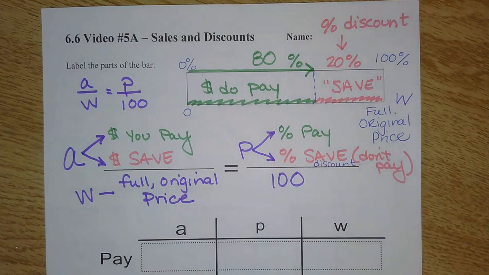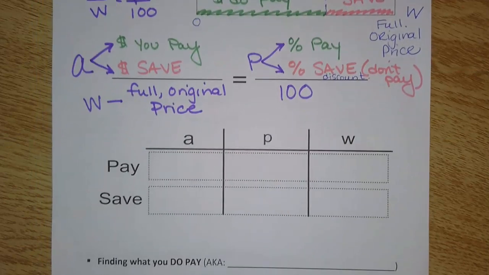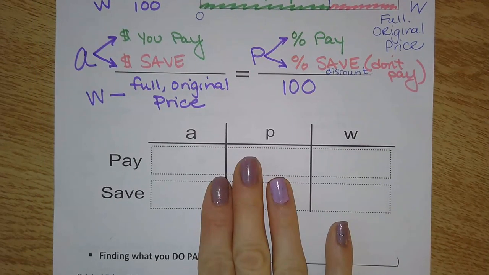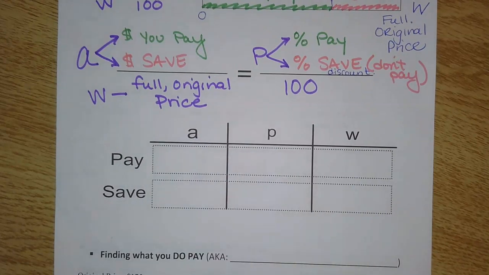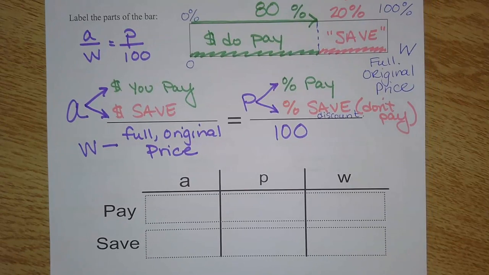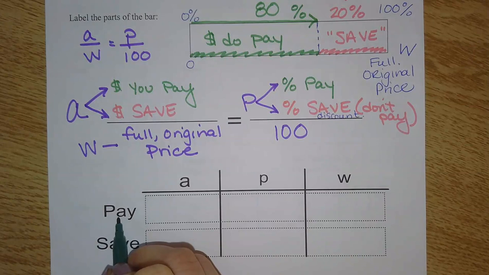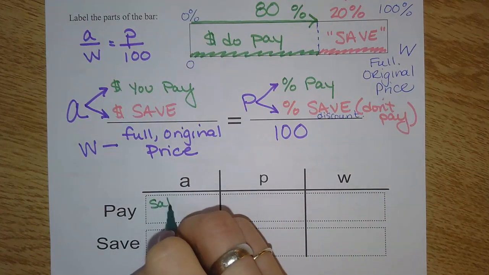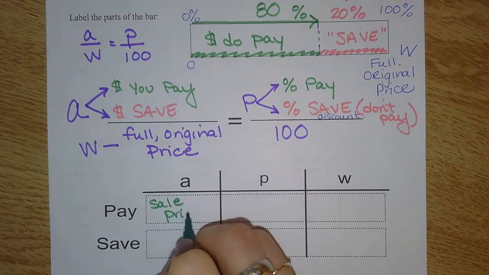Okay, so let's write a little bit more. We're going to look at a way of setting it up so we can keep our numbers straight using this chart, okay? So I just want you to fill this in here, and I'm going to keep color coding, right? So you can still see my bar up there with the green and the pink. If I'm looking at what I do pay, then A is going to be what we call the sale price, right?